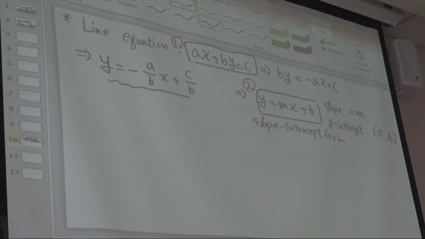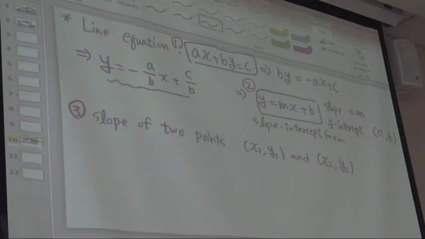And then it may be possible that we may have 2 points. So 2 points are given, and we want to find the line equation for the 2 points. In that case, we need a slope. We have to define the slope. So for that case, how can you define the slope? Two points, x1, y1, and x2, y2.